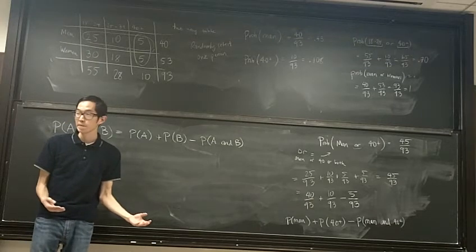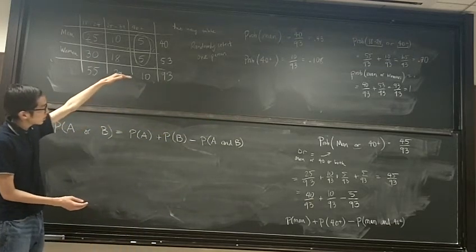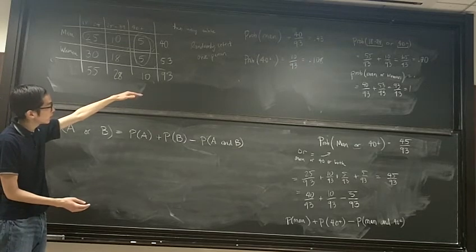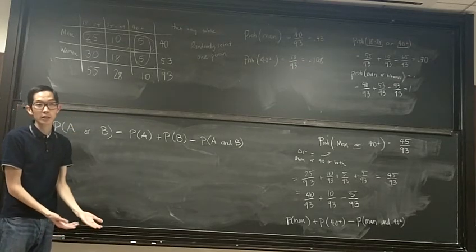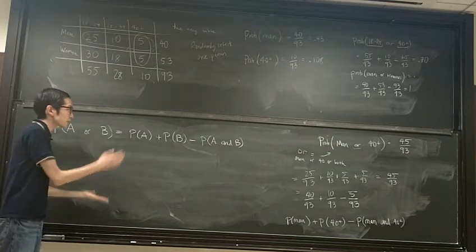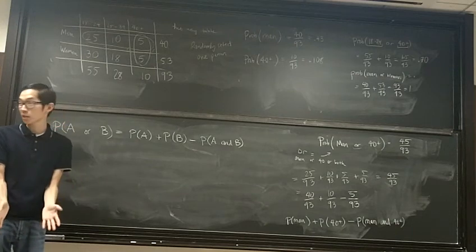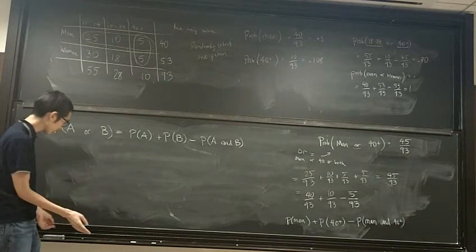And then for the men or women, I just took the male total and the female total and added those two together, and I had no overlap to subtract, because it's impossible to be categorized as a man and at the same time be categorized as a woman.